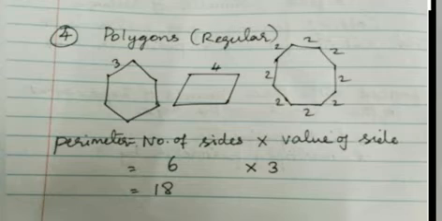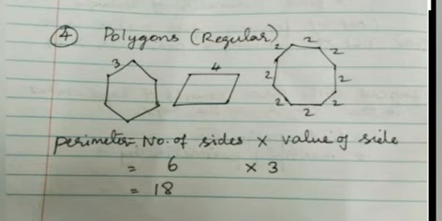So to calculate the regular shaped value, we can simply multiply the number of sides and the side value. That's it. So in this figure, we have a hexagon, that is 6 sides. We know the side value is 3. So to calculate the perimeter, we simply put the number of sides into the value of its side. So 6 into 3 is 18.